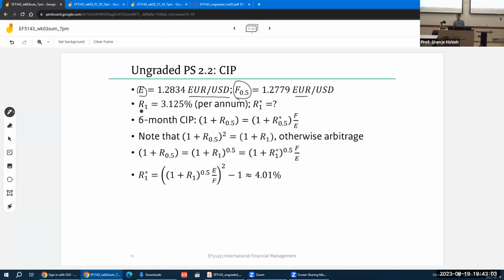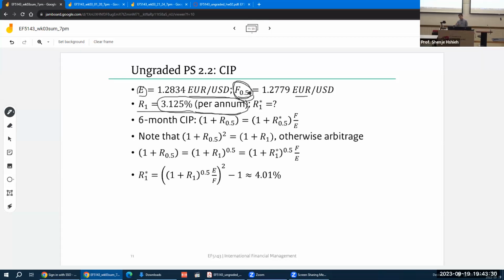And lastly, you're given domestic deposit rates of 3.125%, and it's per annum. And your job is to realize that you're supposed to apply the covered interest rate parity, but there's a problem. You're given a per annum compounding annual interest rate, but you have a 6-month forward rate, right?